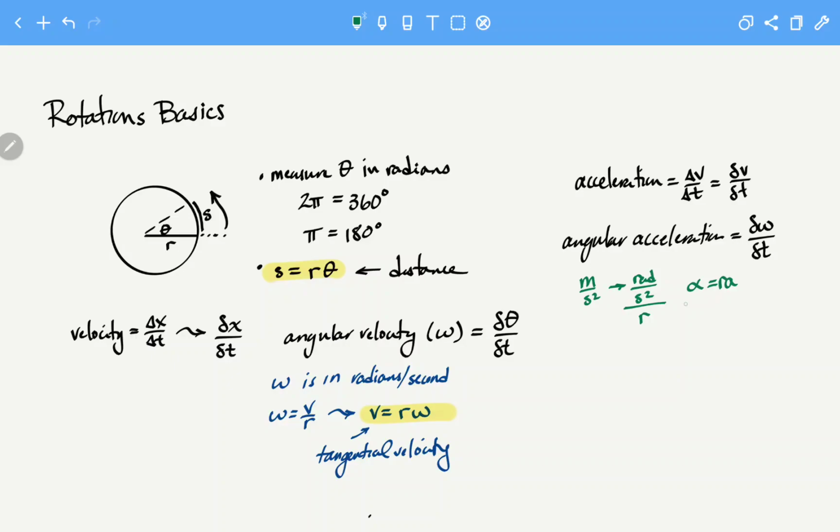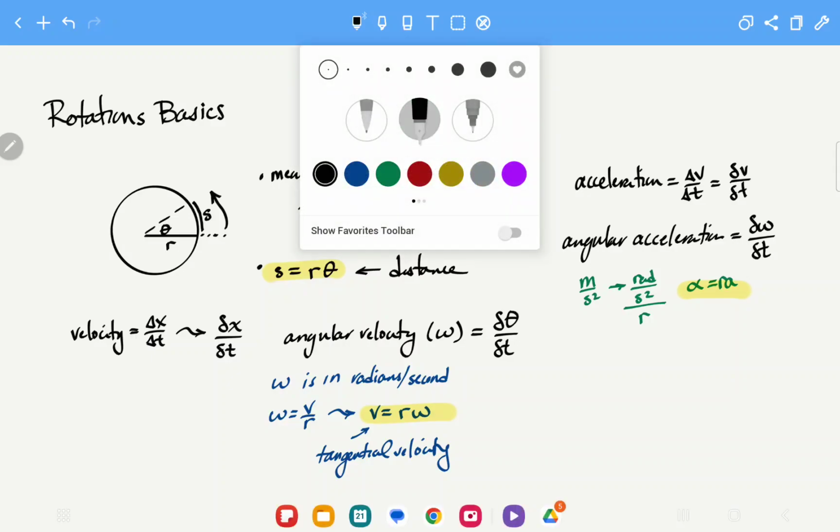All right. I always switch the a and the r there, but c'est la vie. All right. So we now have our three analogous equations to what we used to have in terms of our linear acceleration, linear velocity, and linear distance and displacement.